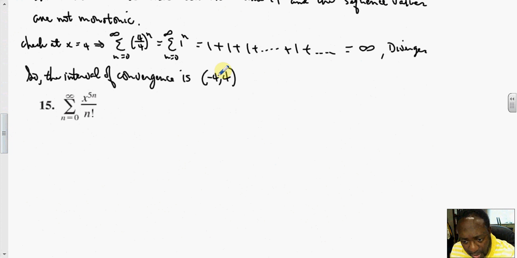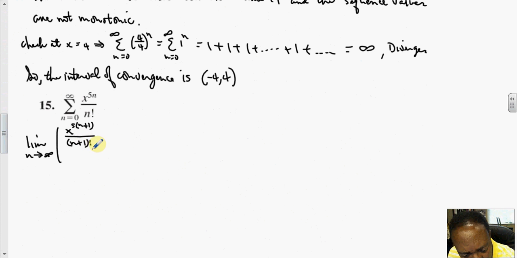So here this gives us an interval of convergence, right? Pretty neat. So here we apply the ratio test. So the limit of x to the 5 times n plus 1 all over n plus 1 factorial, divided by x to the 5n divided by n factorial.